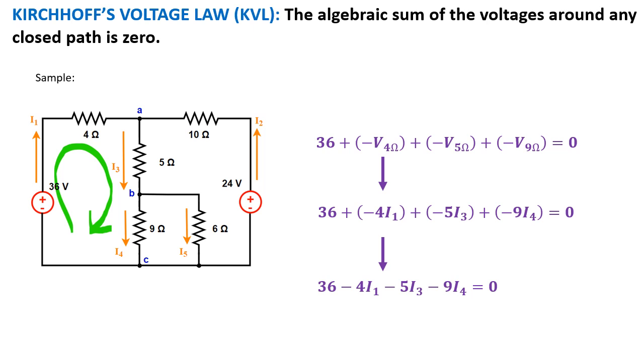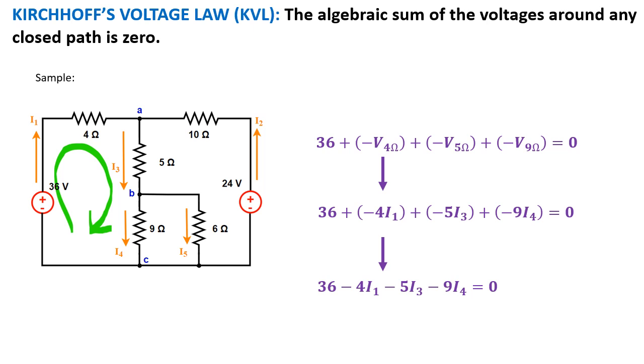Now, if we simplify the equation, we'll get 36 minus 4I1 minus 5I3 minus 9I4. We can see we have three negative voltages. Why? Because along the path that we have chosen, we have three resistors, all of which have currents with the same direction as our loop direction.